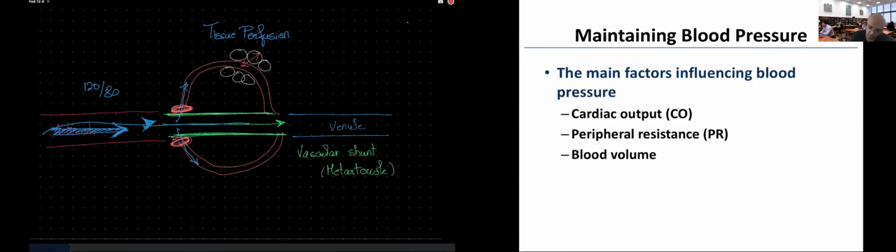So this will create enough force for the fluid to leave the capillaries and to pass between the tissue cells, allowing the oxygen to reach the cells, allowing the nutrients to get delivered to those cells. Also, it will allow me to remove the waste.